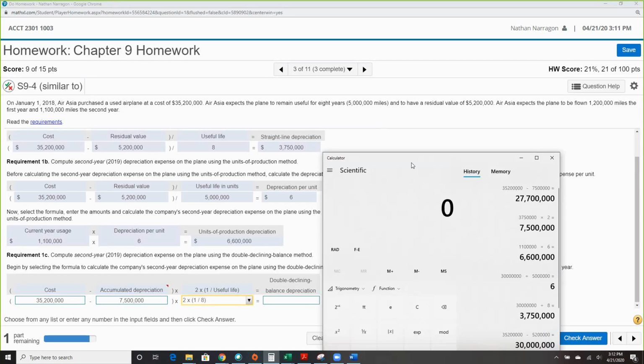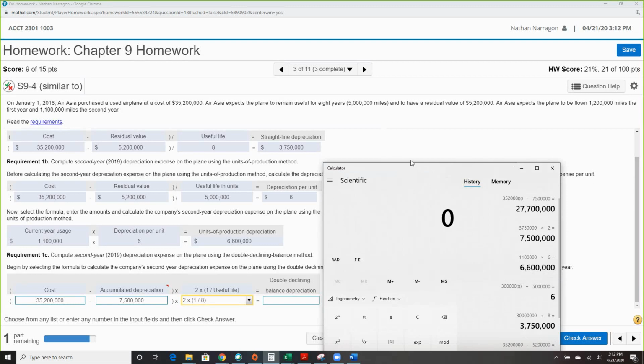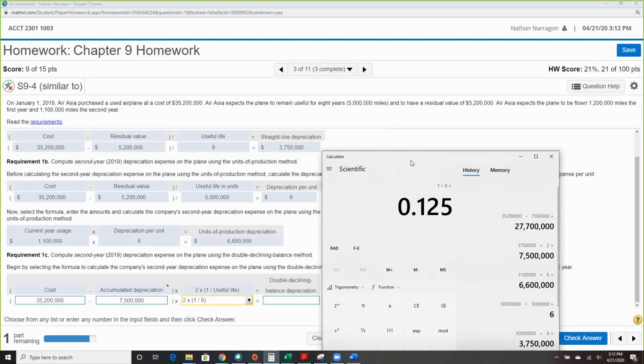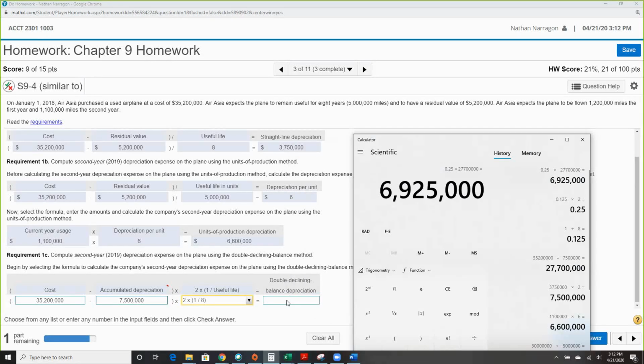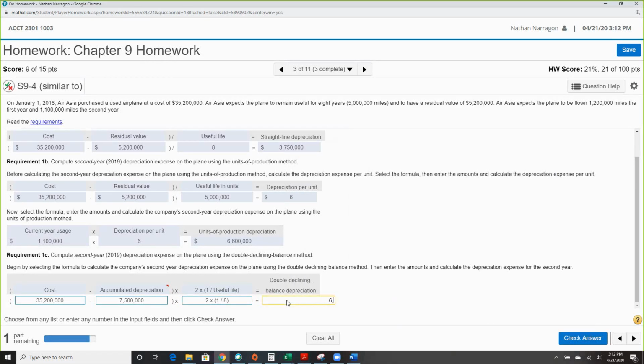Clear, so 1 divided by 8 times 2.225, then multiply it by the cost minus accumulated depreciation, the book value, which was 27,700. Alright. So we should have about 6,925,000.